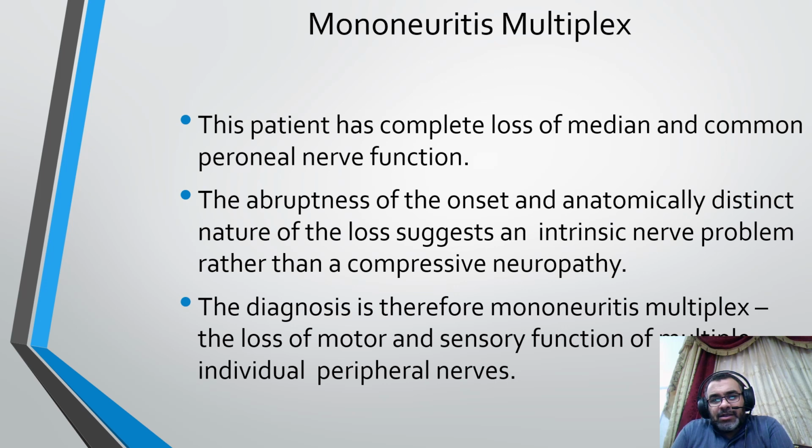The abruptness of onset and anatomically distinct nature of the loss suggests an intrinsic nerve problem rather than a compressive neuropathy. The diagnosis is therefore mononeuritis multiplex, the loss of motor and sensory function of multiple individual peripheral nerves.